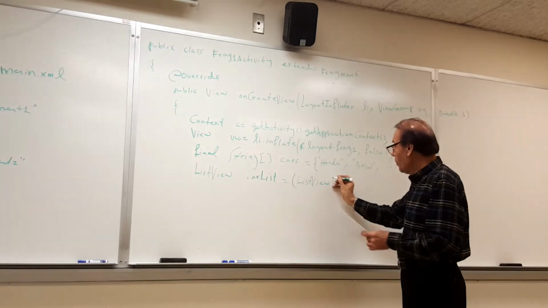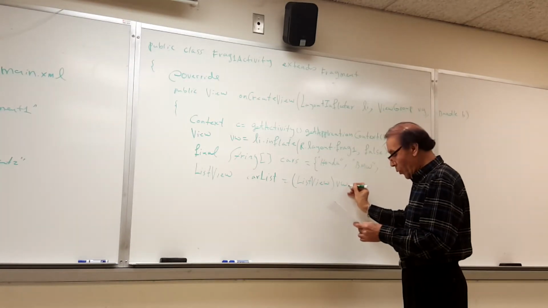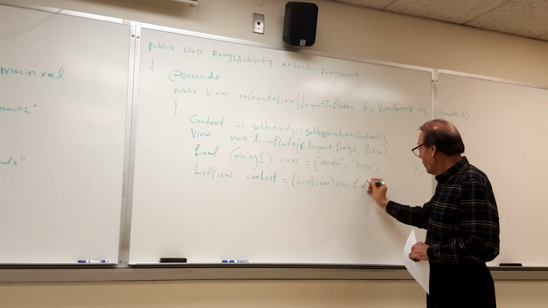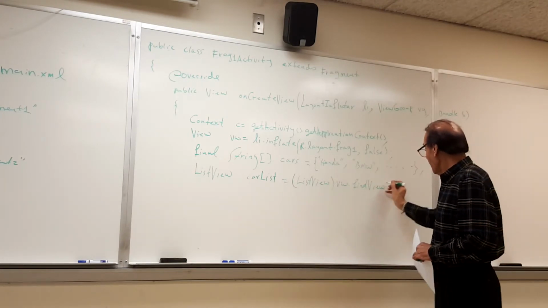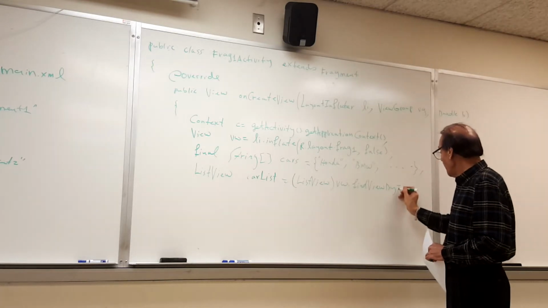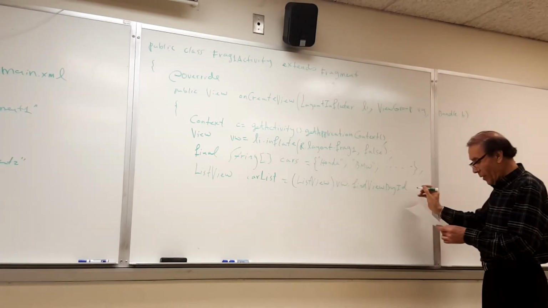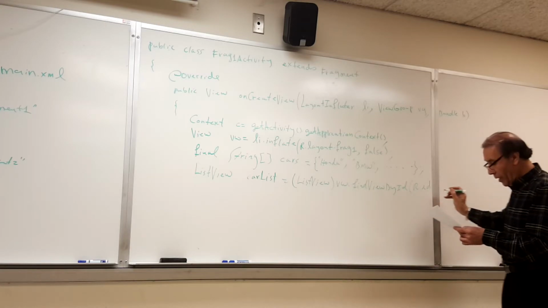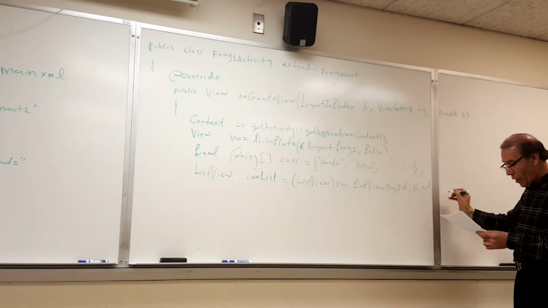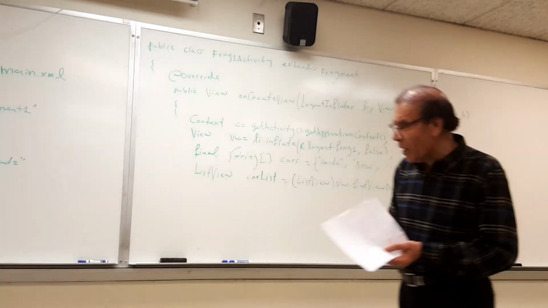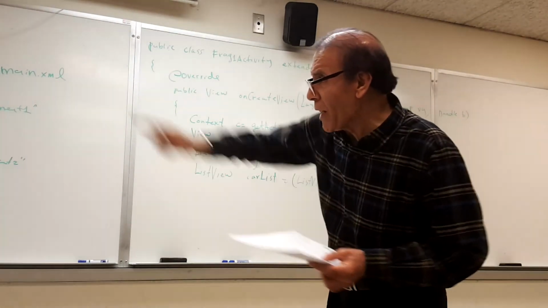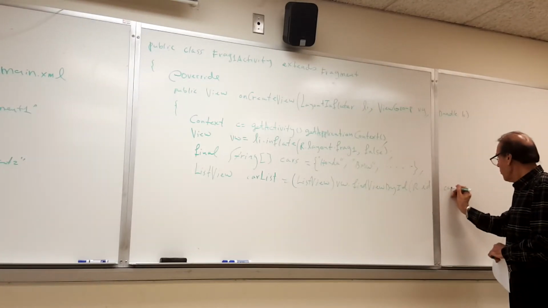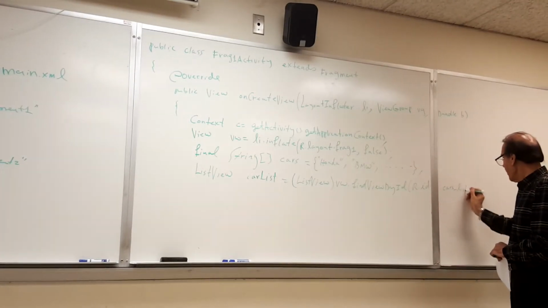ListView vw.findViewById(R.id.carsList). Did I call it carsList? Yes, carsList over there, right? Okay.